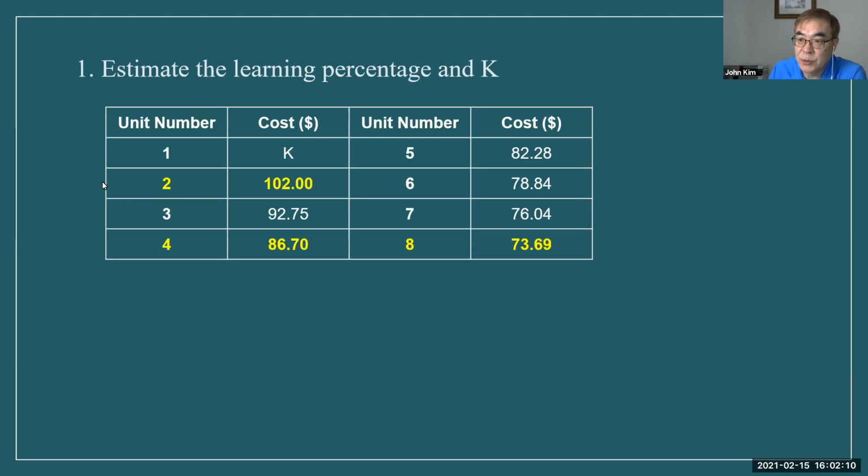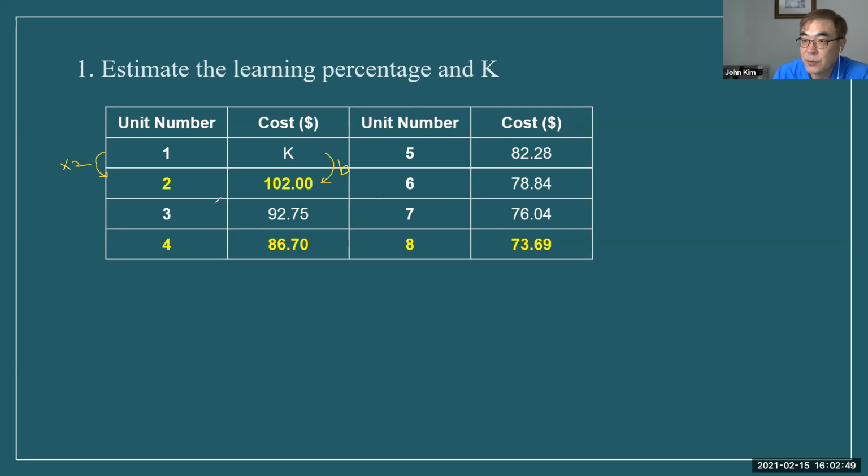When the unit number doubles, from 1 to 2, 2 to 4, 4 to 8, the cost is multiplied by B. B is the learning percentage.